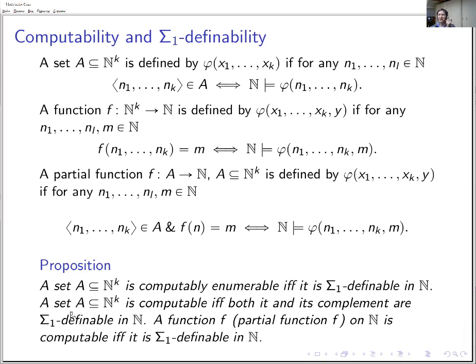Back then there was still no Church-Turing thesis, so perhaps it's not completely fair to attribute this to him, because back then they didn't know the notion of computability in the modern sense, which really depends on the Church-Turing thesis.